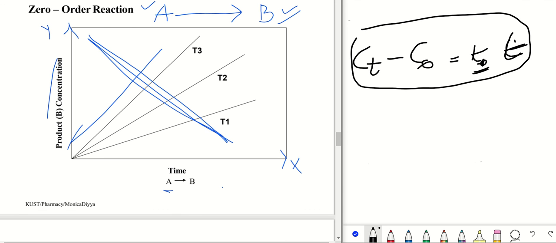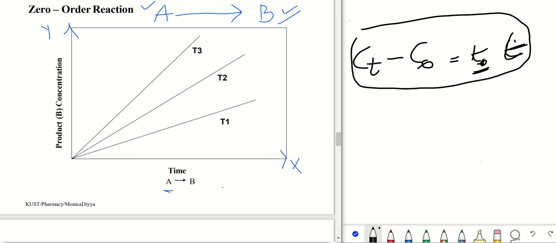Now, the purpose of this graphical representation is to make you understand that the rate of product B production will differ at different time intervals.